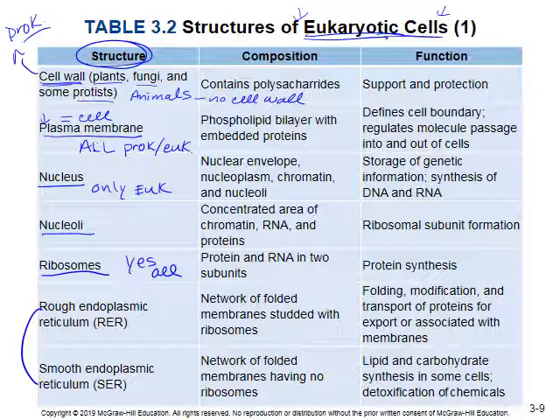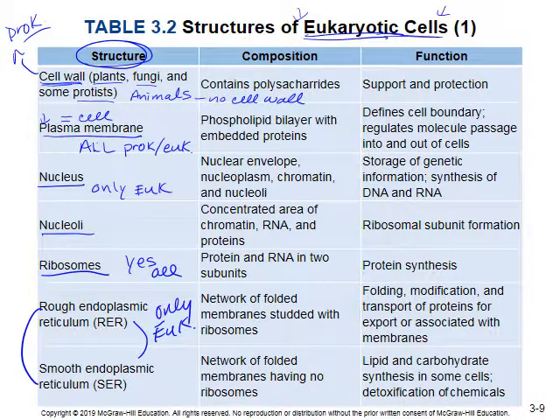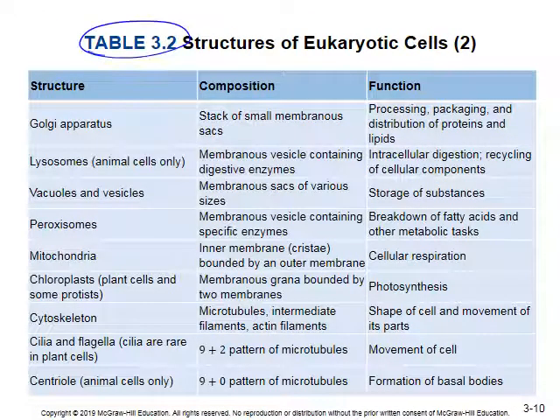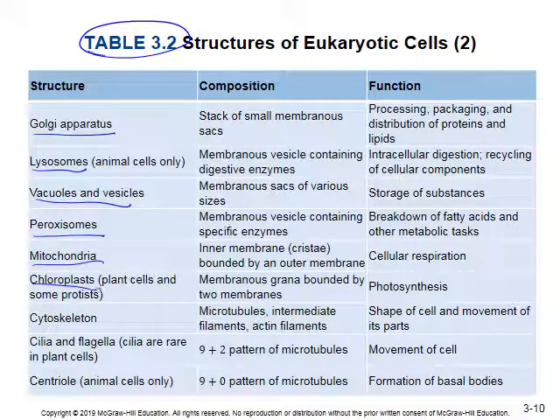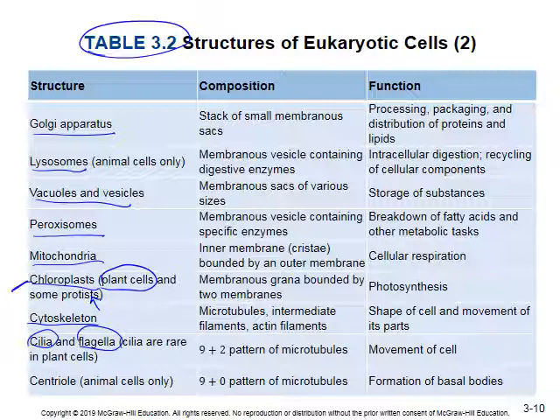Rough endoplasmic reticulum and smooth endoplasmic reticulum, you're only going to find these in eukaryotes. And the table continues. Golgi apparatus, lysosomes, vacuoles, peroxisomes, mitochondria, chloroplast. This chloroplast you're only going to find in plant cells and some protists. Cytoskeleton, cilia, flagella, they're rare in plant cells. And then centrioles, this is animal cells only.